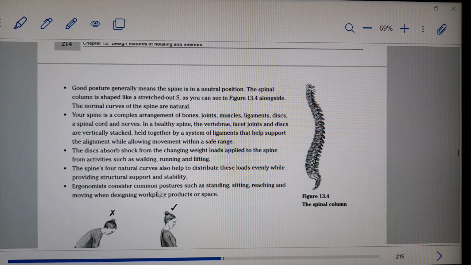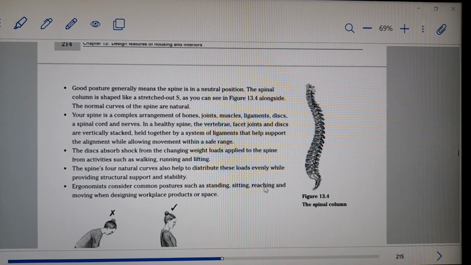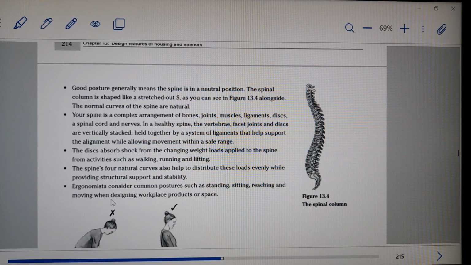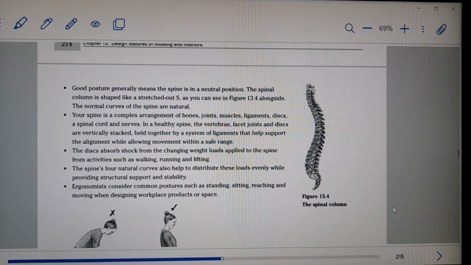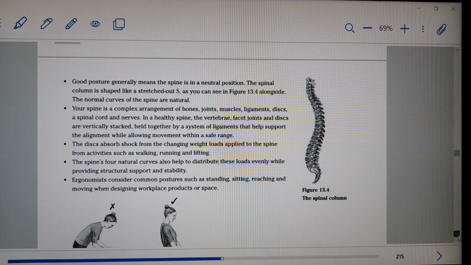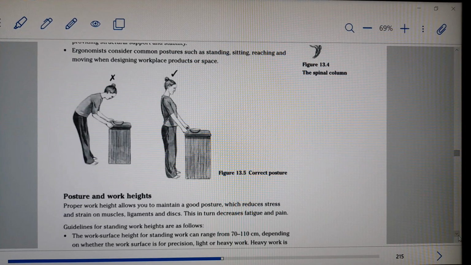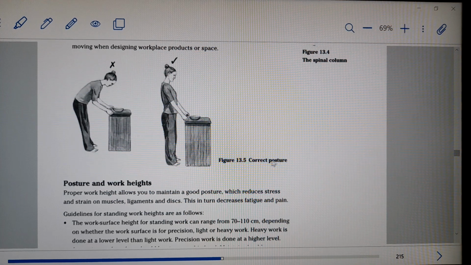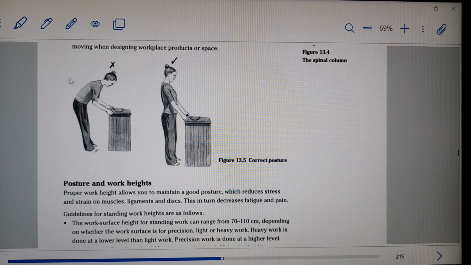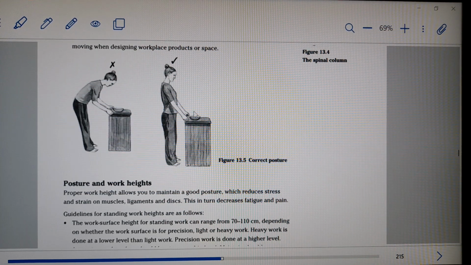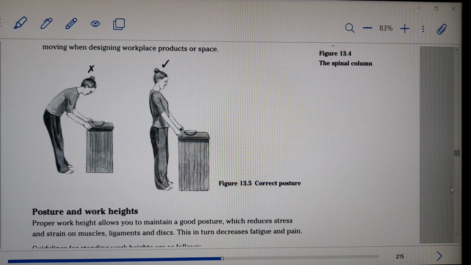Ergonomics considers common postures such as standing, sitting, reaching, and moving when designing workplace products or spaces. Let's look at the diagram below. This diagram shows the correct posture. If you bend for the workplace, that's incorrect posture. But here you can easily reach the work space.